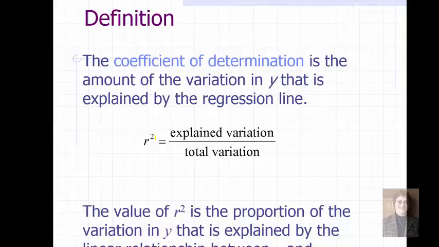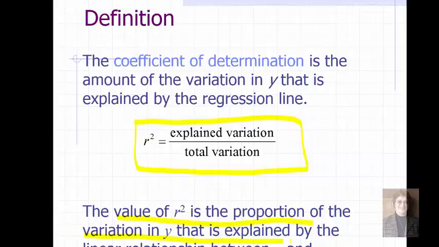R squared is the explained variation, the amount of the explained variation divided by the total variation, or the value of r squared is the proportion of the variation in y that's explained by the relationship between x and y. And I've said that about 15 different times in the last lecture.